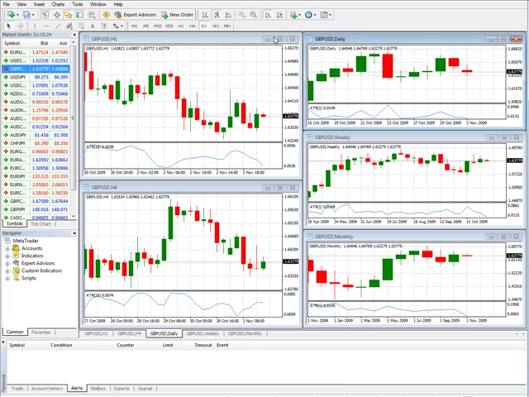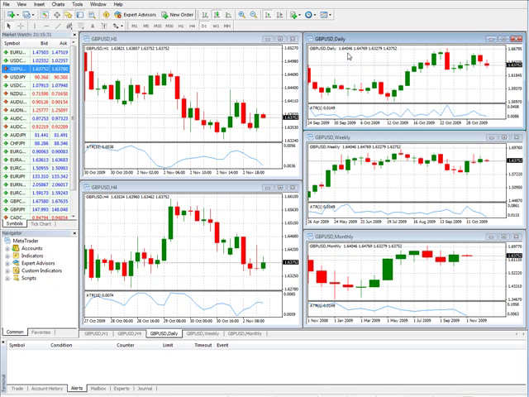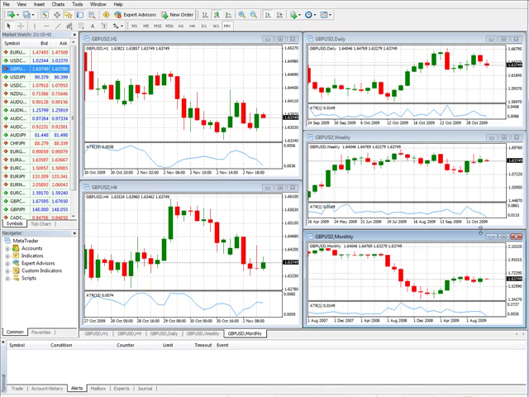That's what we're looking for, rather than simply waiting for one particular currency pair to do all the things we'd like to see it do. We multiply our opportunities by multiplying the number of trades that we get involved in, in different markets.